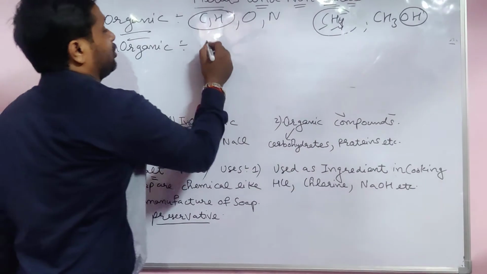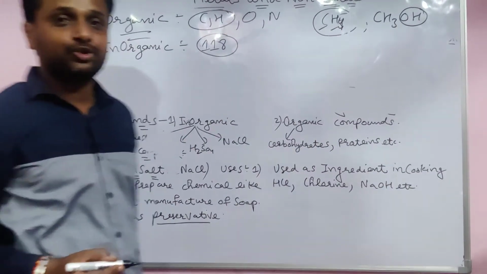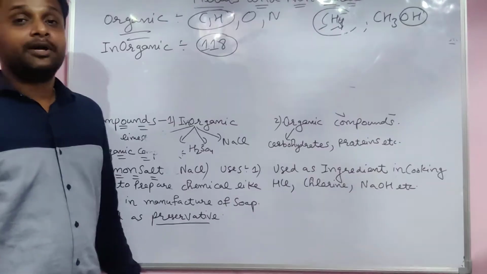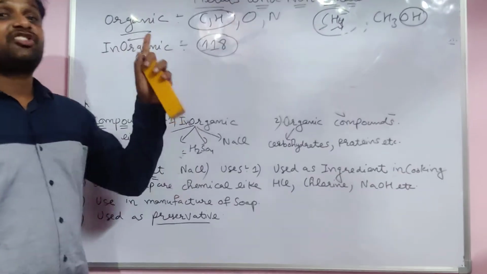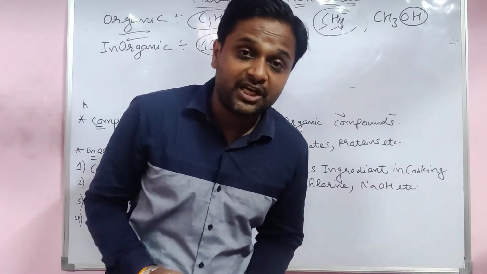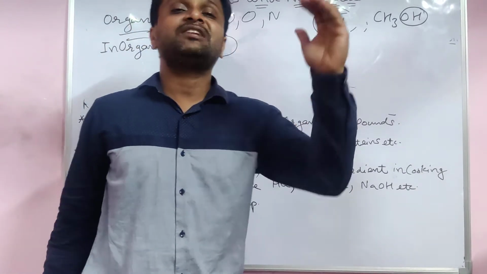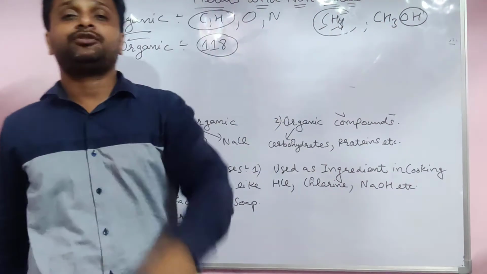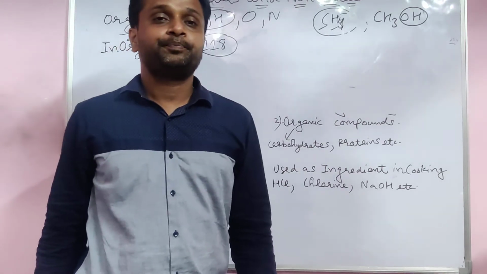Inorganic: 118 elements are there in the periodic table, my dear students. There are three types of chemistry: physical chemistry, organic chemistry, inorganic chemistry. I already told you, in physical chemistry we study state changes: solid to liquid, liquid to gas, gas to liquid, liquid to solid.